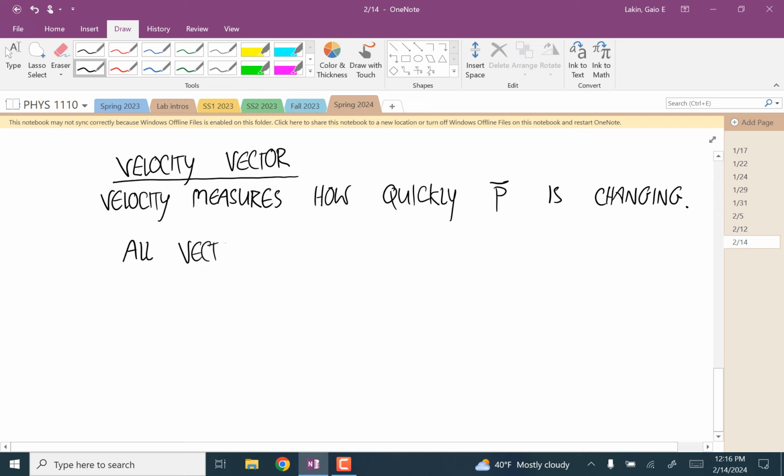Okay, so all vectors have two properties: magnitude and direction.